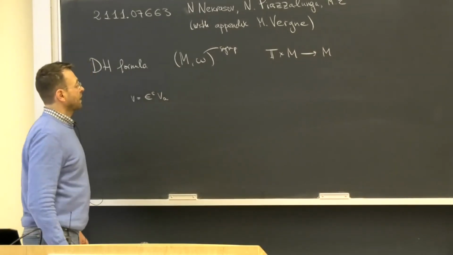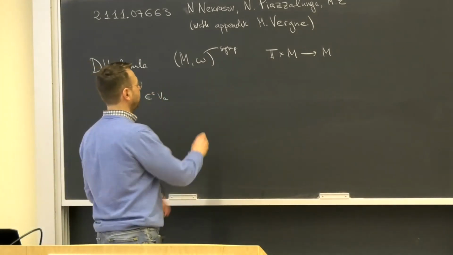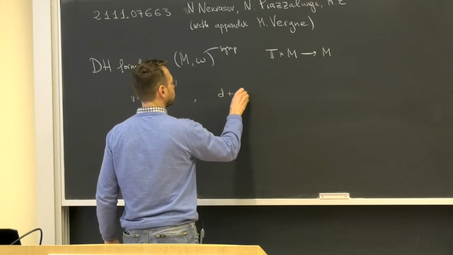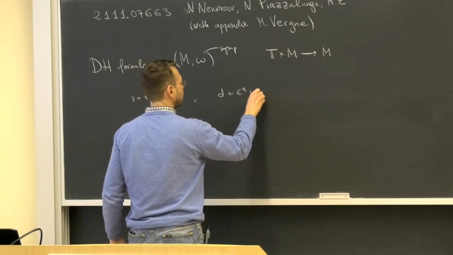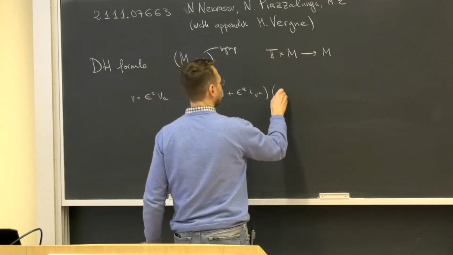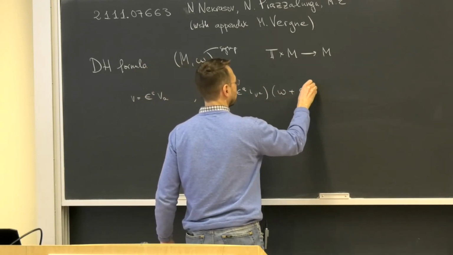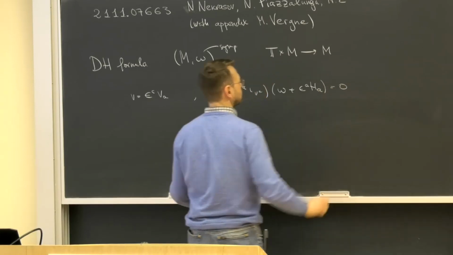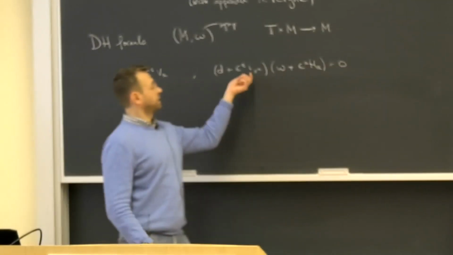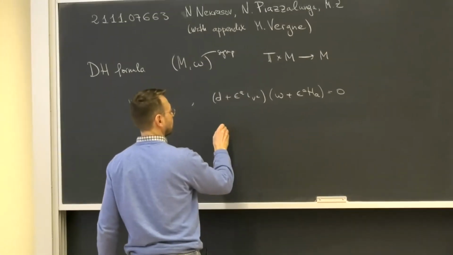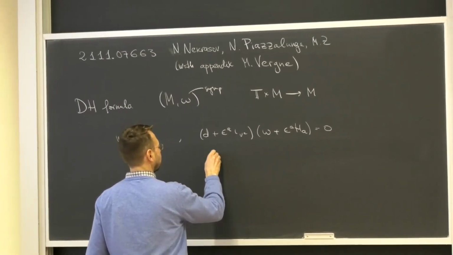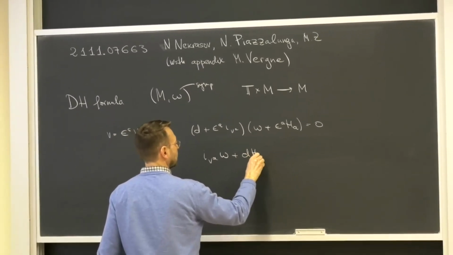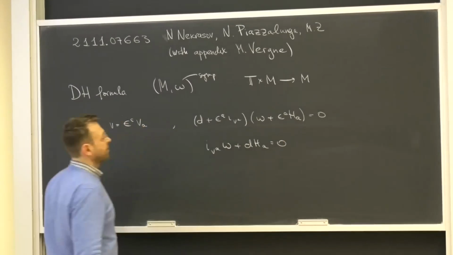Then my V is d plus epsilon_a i_{V_a}. This would kill omega plus epsilon_a H_a. So basically, these are my moment maps for this action. So I have the property that i_{V_a} omega plus dH_a equals 0.